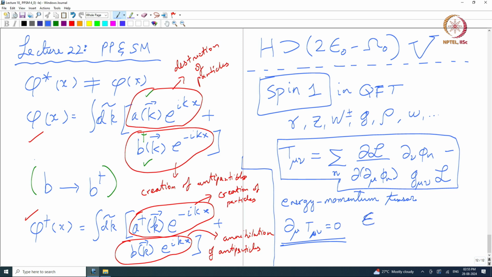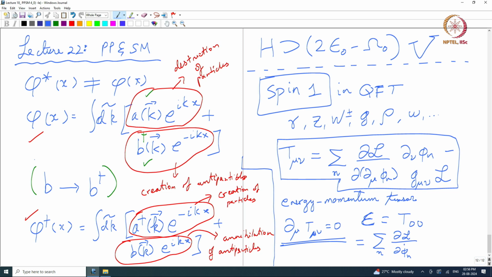And what is the energy density? Or let me call it some epsilon. That's of course nothing but T00, right? And it's worth writing the expression. By the way, what is N here? I didn't mention this before. N just labels the fields, okay.